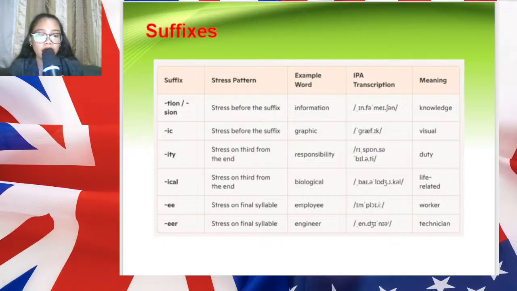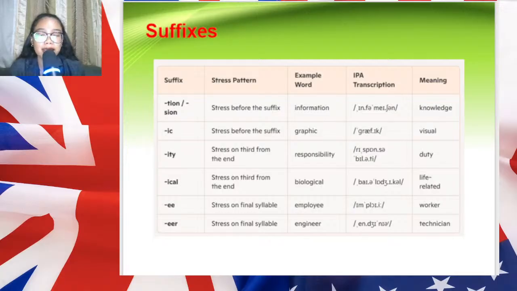And we go back to the stress pattern or the rule for the first suffix, tion or sion. Here, we stress just before the suffix. In the word information, we use the tion suffix, and the syllable right before it is may.